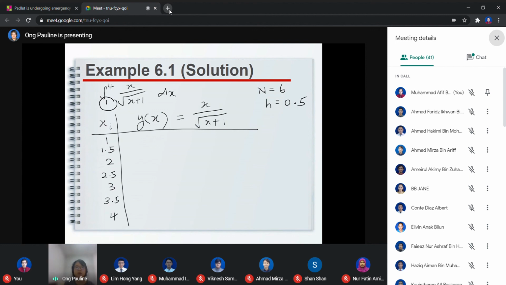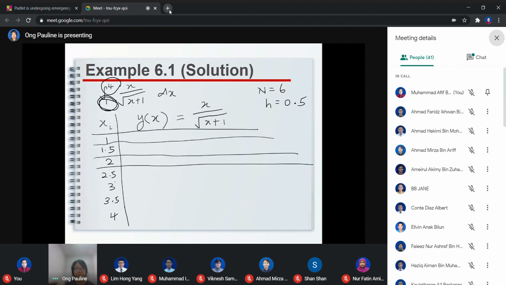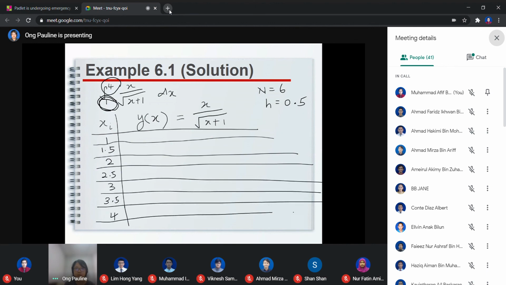Starting from the lower bound, every subsequent value you add h until it reaches the upper bound of 4. Let me draw the horizontal line first. I need to calculate the value of y when x is 1, 1.5, 2, and 2.5, and substitute into here.